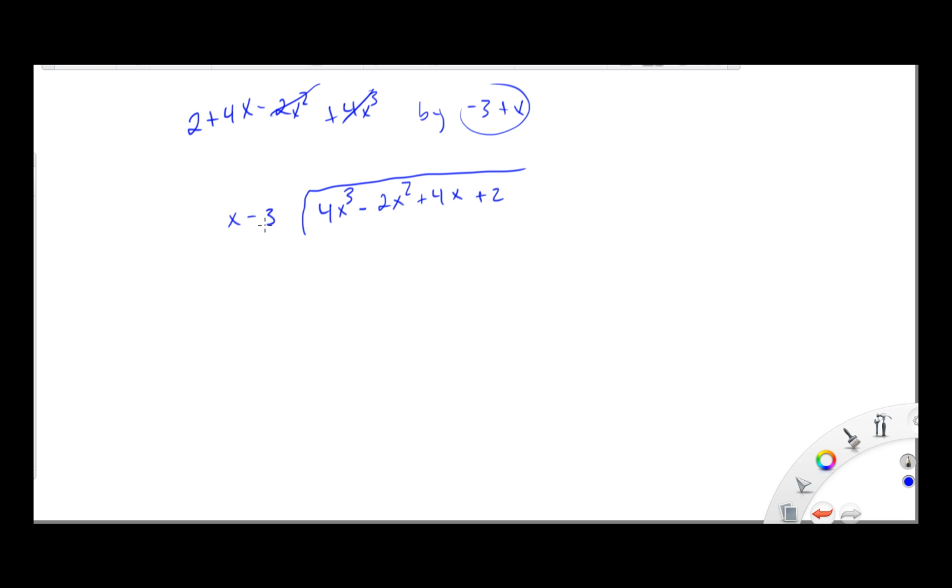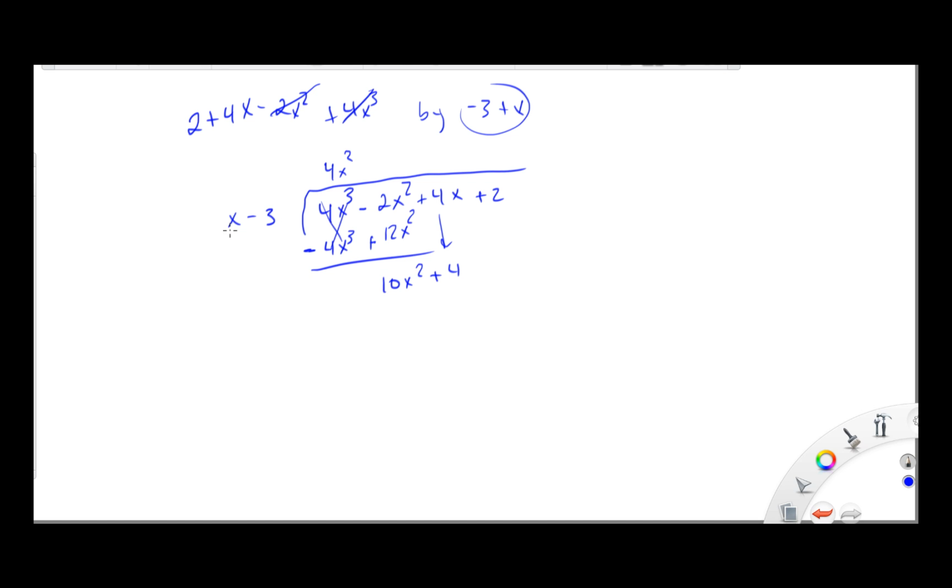How do we get 4x cubed? We're going to multiply by 4x squared. And 4x squared times a negative 3 is negative 12x squared. We're going to conjugate pair these, change the signs. These cancel out, and we've got now 10x squared plus 4, because I dropped the 4 down.